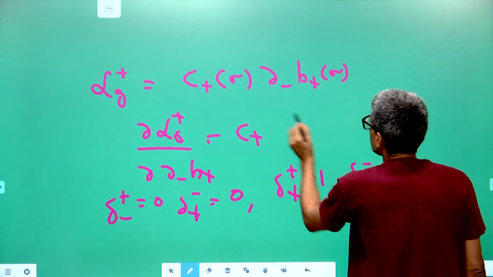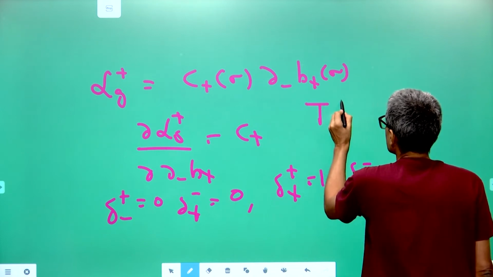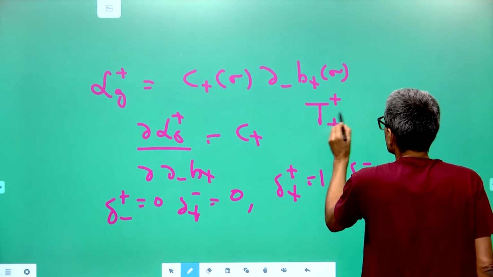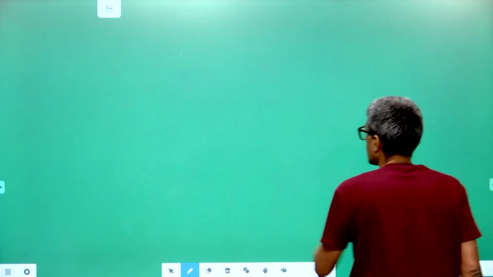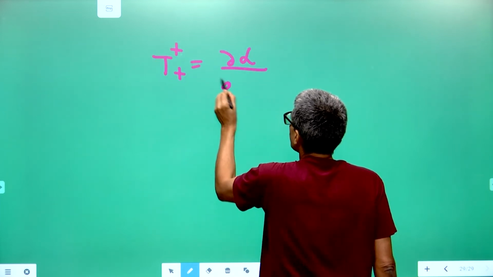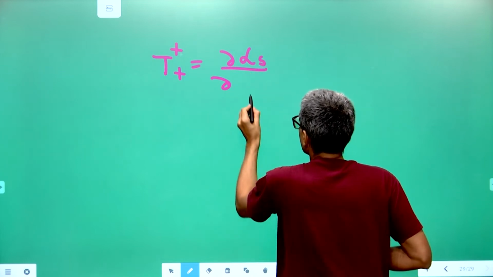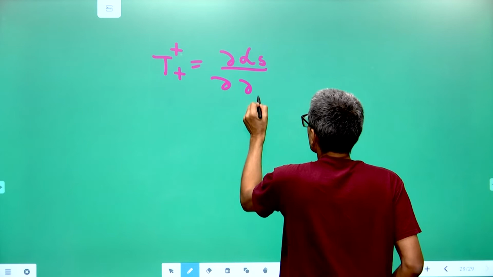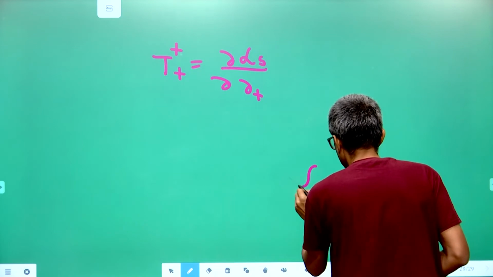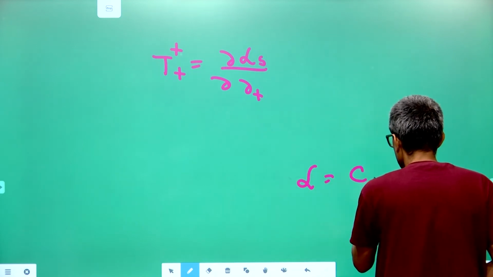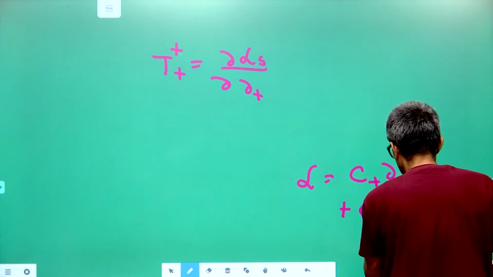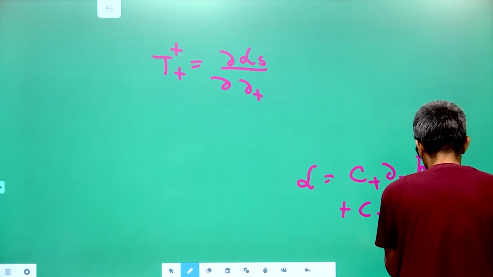So I get that the energy momentum tensor of this is, if I look at the T plus plus component, what is the T plus plus component, tell me? T plus plus is given by dou L by dou plus, so the Lagrangian is given by C plus dou minus B plus, C minus dou plus B minus.